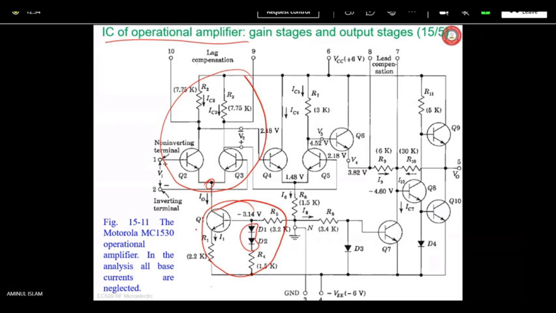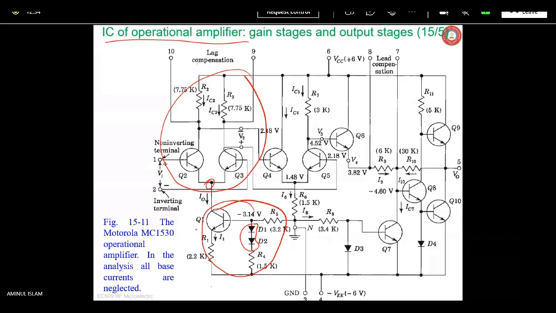As usual, IO is the bias current flowing through this current source. Rather, it is current sink you can think of. And then the second stage of differential amplifier is taking input from the first stage. First stage is giving two outputs, double-ended output, and they are connected to the two bases of this second stage differential amplifier. And you have the R7 here, which is equal to 3 kilo ohm.